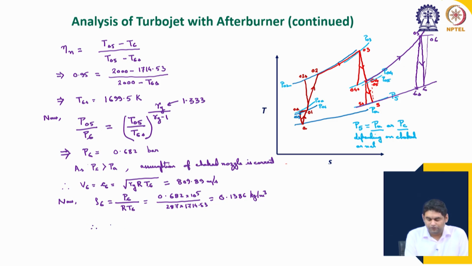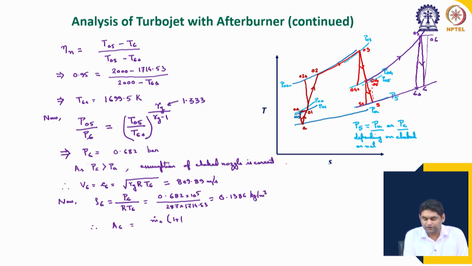Therefore, our area A6 is equal to the mass flow rate. Now, what is the actual mass flow rate?